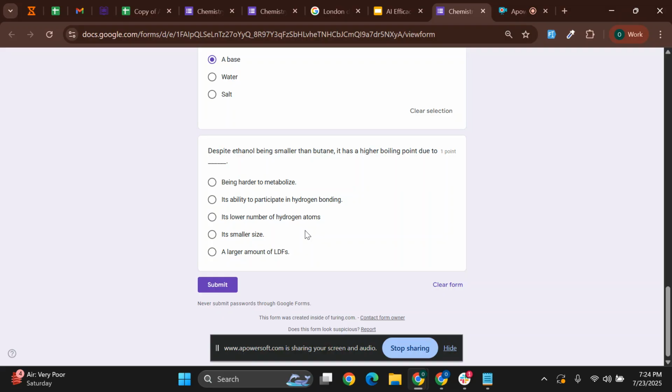Okay. Despite ethanol being smaller than butane, it has a higher boiling point due to being harder to metabolize, its ability to participate in hydrogen bonding, its lower number of hydrogen atoms, its smaller size, a large amount of LDFs.